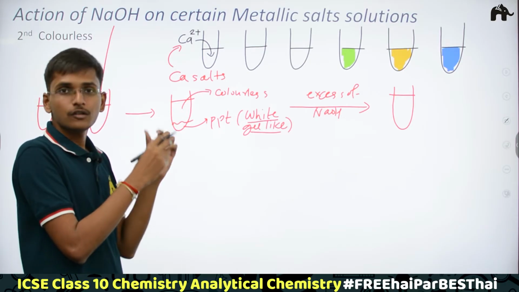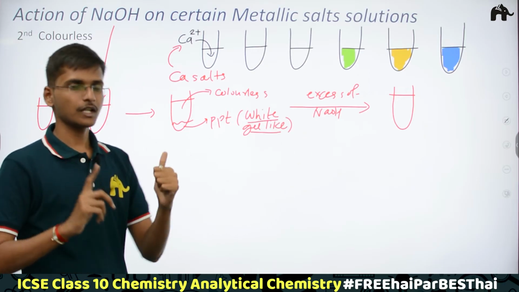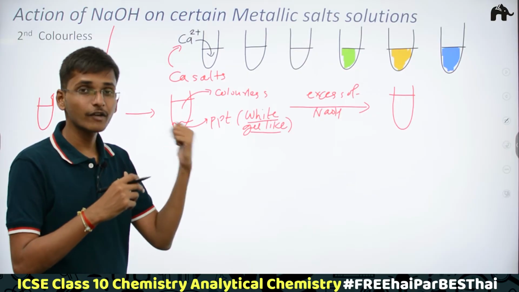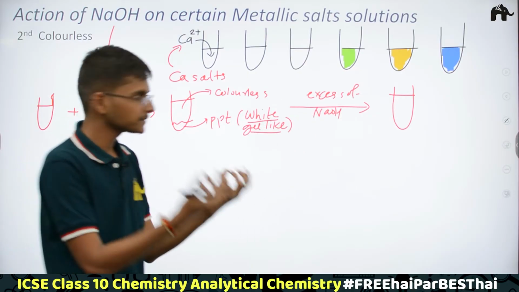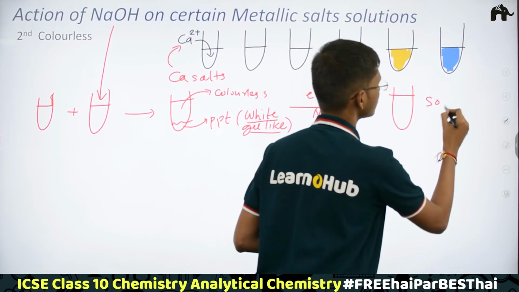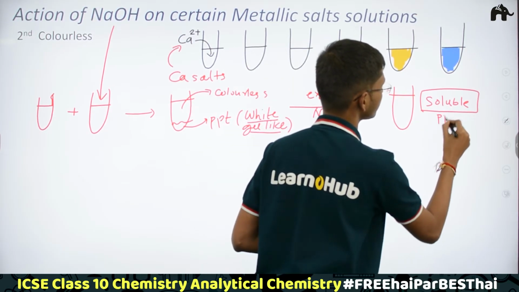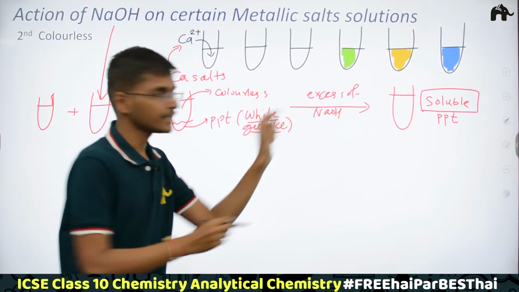It got dissolved after adding excess of NaOH. This means that this white precipitate is soluble in excess of NaOH. So I can write it here: soluble precipitate. This white precipitate is soluble in excess of NaOH.